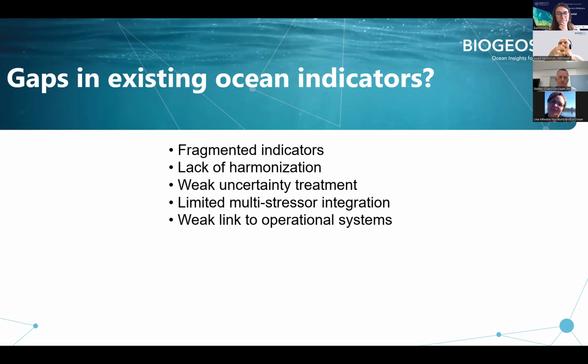And there is a clear lack of harmonization of efforts, that's for sure. There is also weak uncertainty treatment in general, limited multi-stressor integration, and weak link to operational systems. And here in BioGOC, this is exactly what we are trying to address.